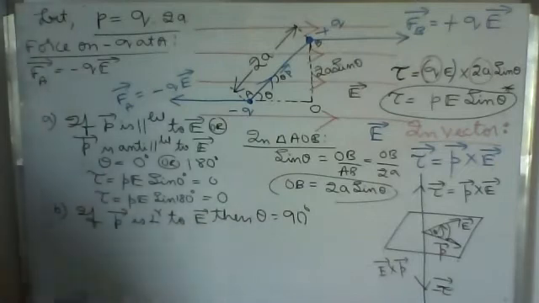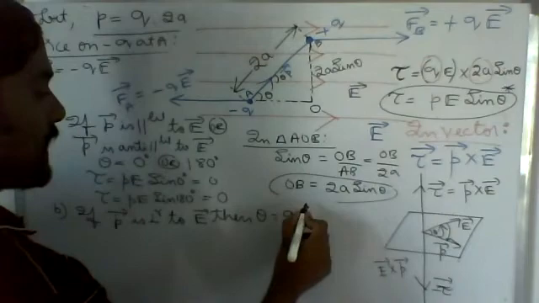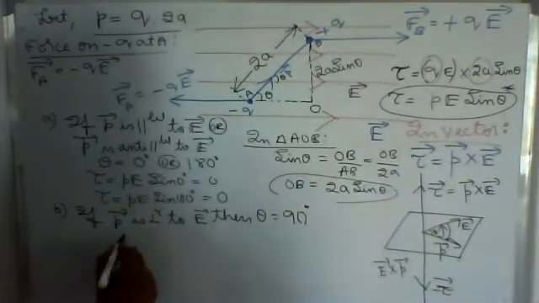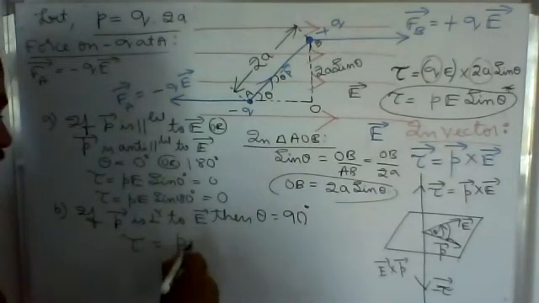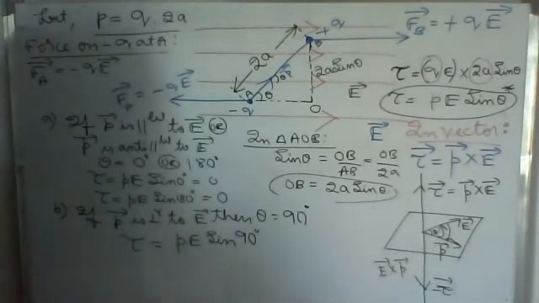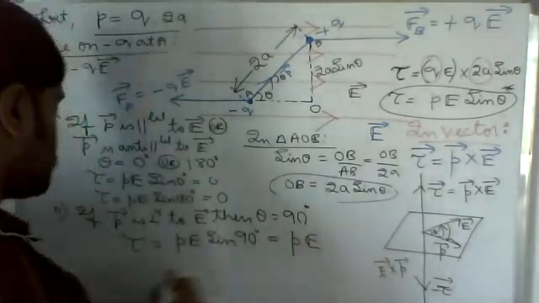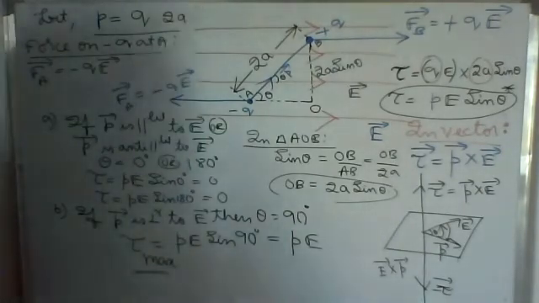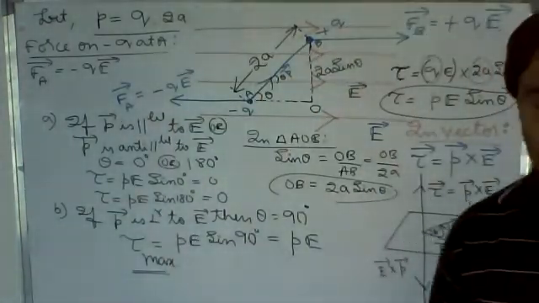So the expression for torque, tau is equal to PE sine theta. What is the value of sine 90? Sine 90 is 1. So tau is equal to PE. This is the maximum torque acting on an electric dipole placed in a uniform electric field.